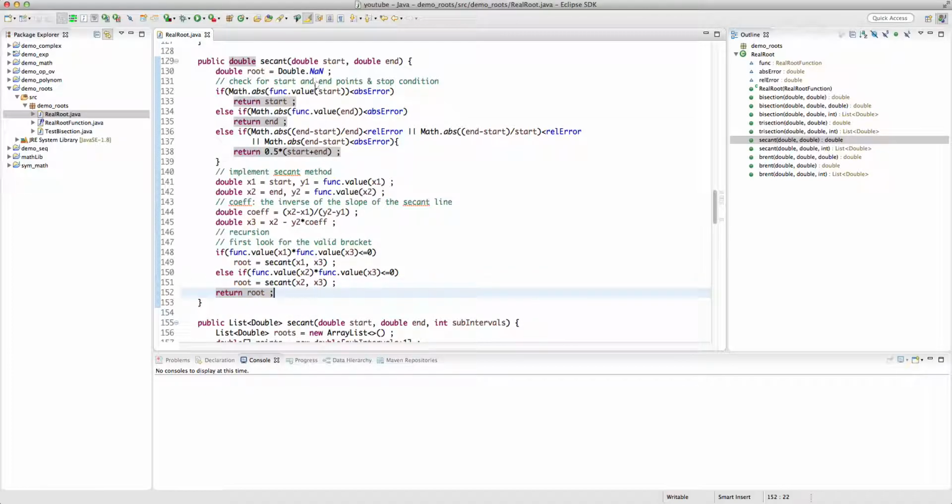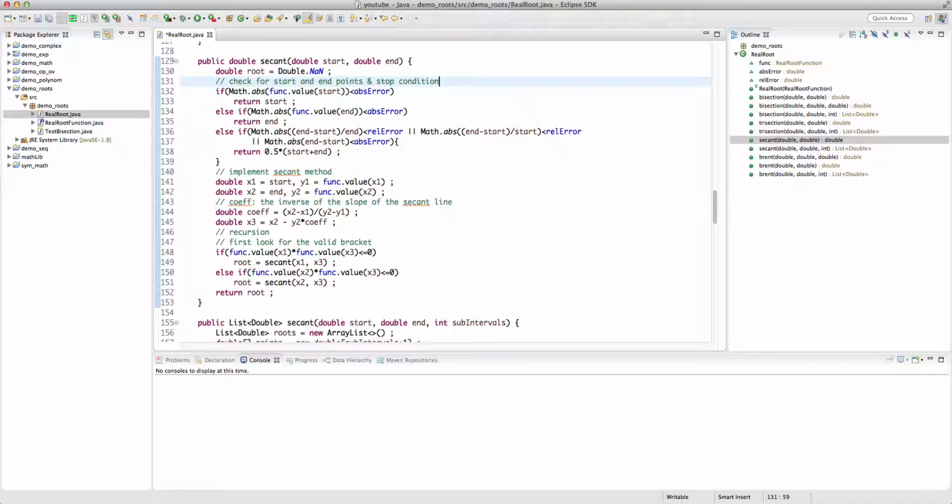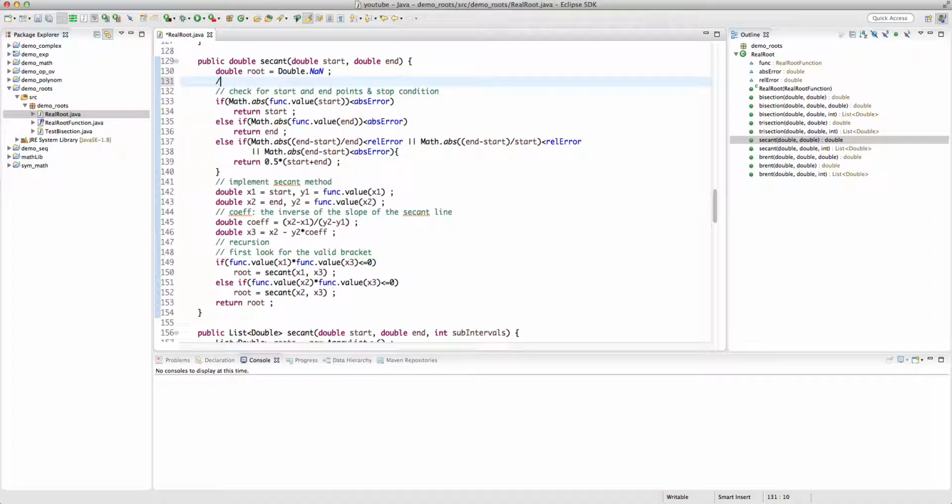And then we can also check for the initial bracket. So you want to make sure that the initial interval is a valid bracket.